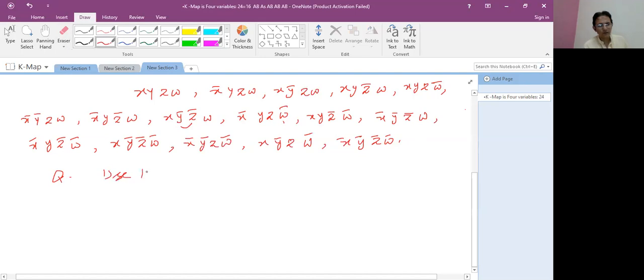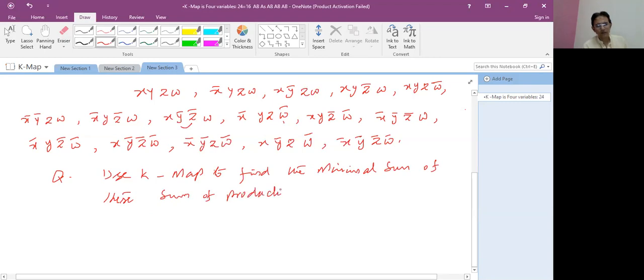The question is to simplify, to find the minimal sum of these sum of product expansions, the given question.